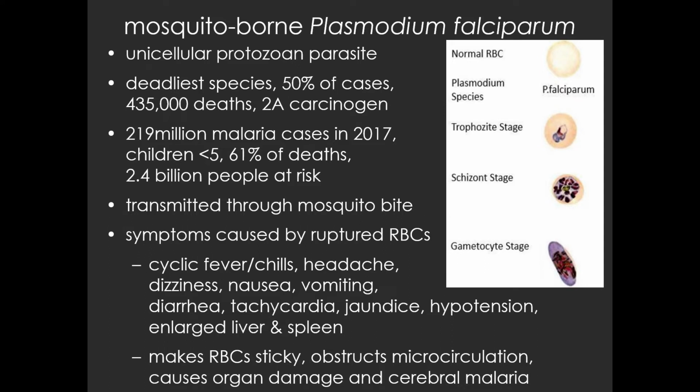But every 6 to 24 hours, you'll cycle between fever and chills. You'll also have headache, dizziness, nausea, vomiting, diarrhea, increased heart rate, jaundice, low blood pressure, and enlarged liver and spleen. You may also suffer the complications due to the red blood cells getting really sticky, because when they get sticky, they obstruct microcirculation and they can cause organ damage and cerebral malaria.